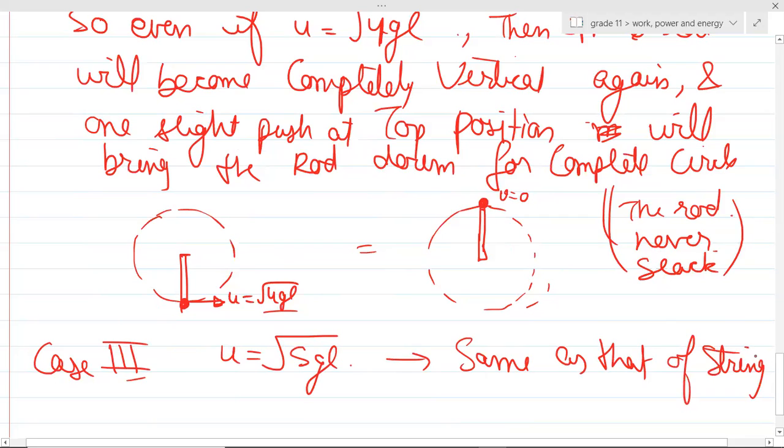So is it clear, if I replace a string by a rod, then what will happen? Yes, sir, it will complete a circle. So whenever it is a rod, it will complete a circle at velocity under root of 4gl. Instead of under root of 5gl, it is completing at under root of 4gl.